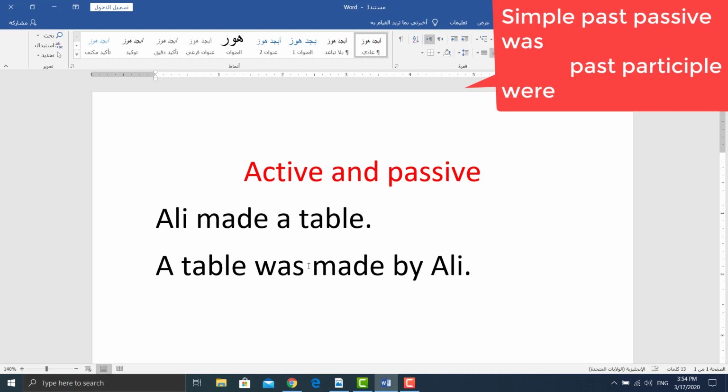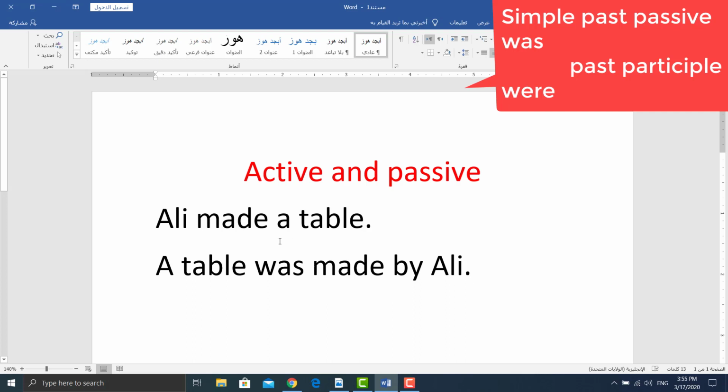A table was made by Ali. The first one is active. This is the normal order of the sentence. We have subject, after that we have verb, and finally we have object. And let's move to the second one. A table was made by Ali.